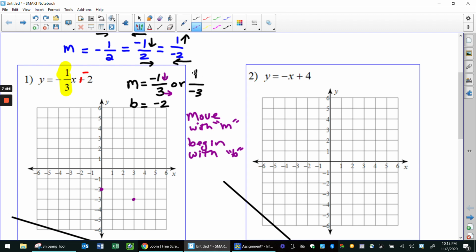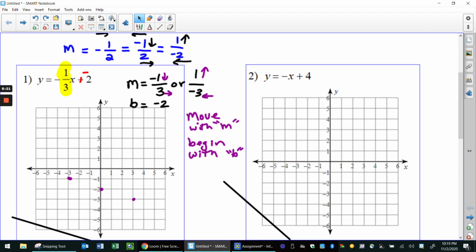Then the opposite: +1 means I'm going up 1, and -3 is to the left 3. So I can go from this beginning point and go up 1, and then move 1, 2, 3 to the left. So you can see now I have 3 points, and I can go ahead and draw my line.